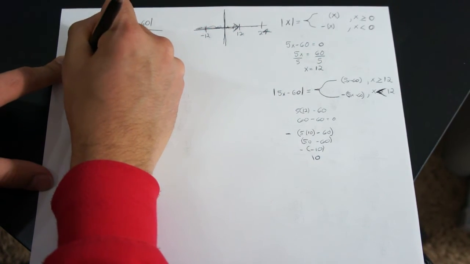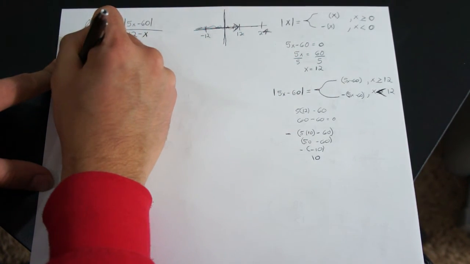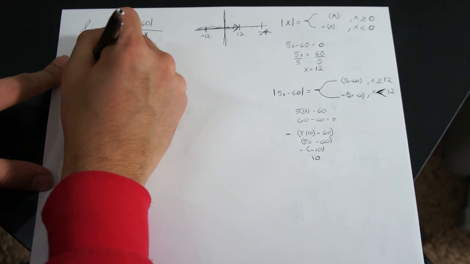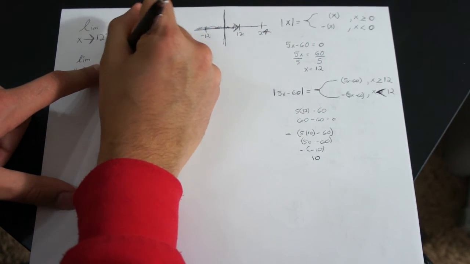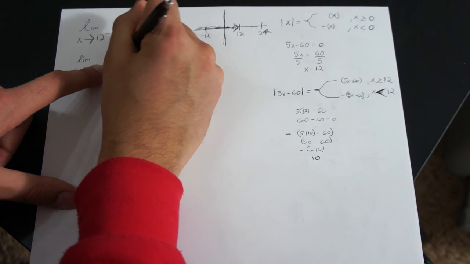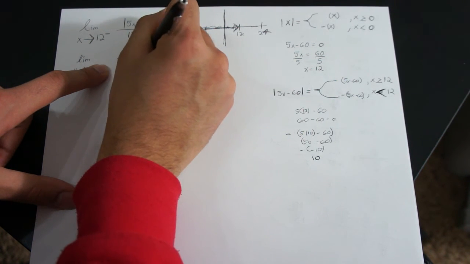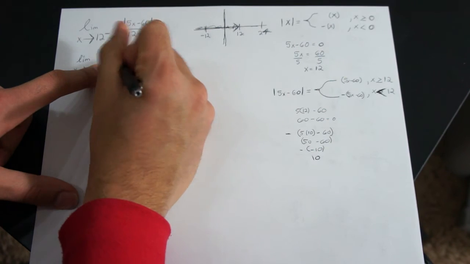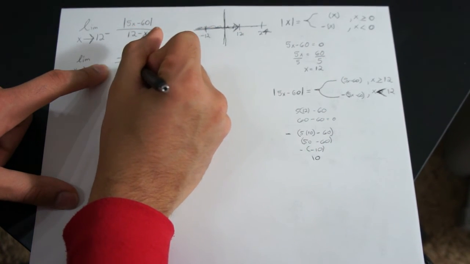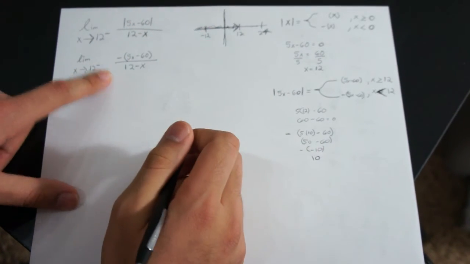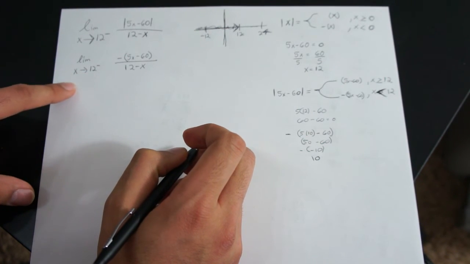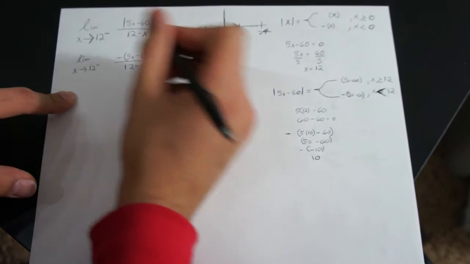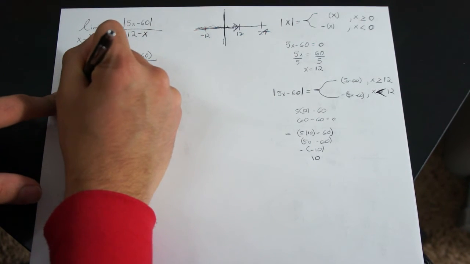Since we're only looking at this part, we can rewrite this using it. So we would have the limit as x approaches 12 from the left of negative 5x minus 60 over 12 minus x. Now from here it just requires a little bit of algebra.